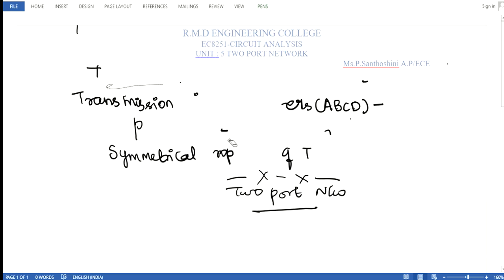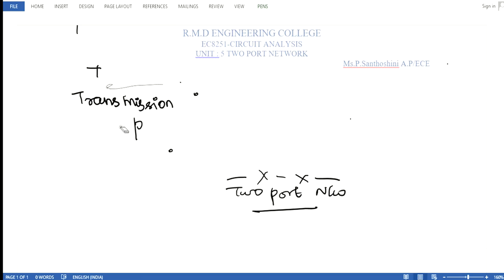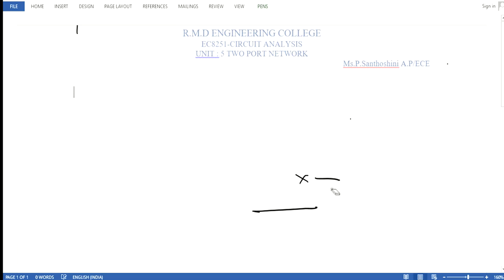It is one of the very important topics in two-port network. It may come under 4-mark topics or it may be 8-mark topics. That is, they want to know the introduction, that is how they are involved in one-port network as well as two-port network. So clear? So now start your topic, two-port network.